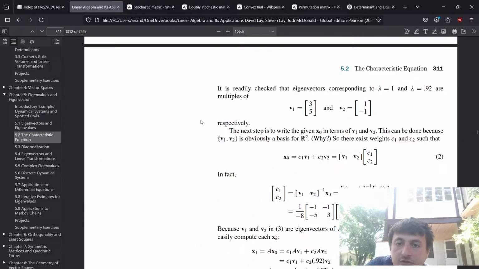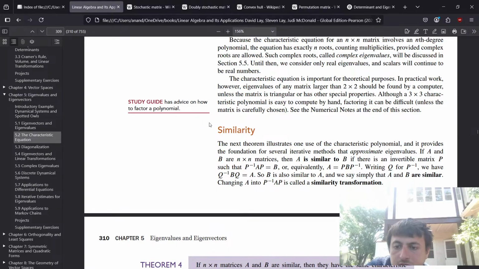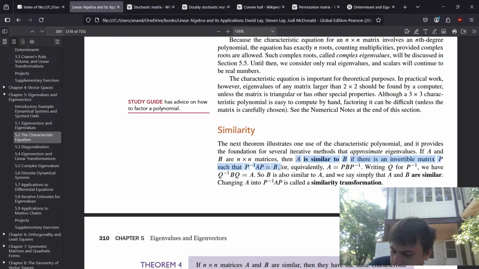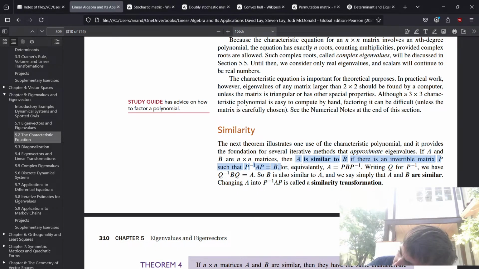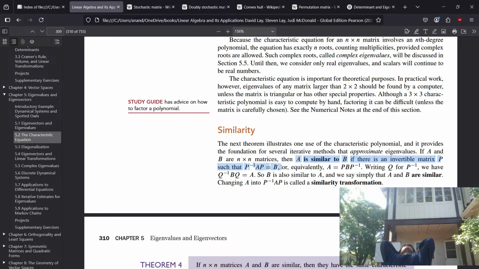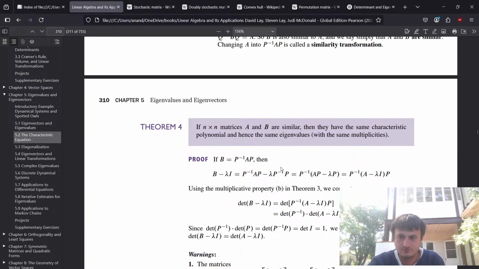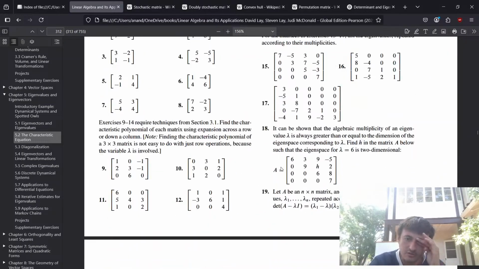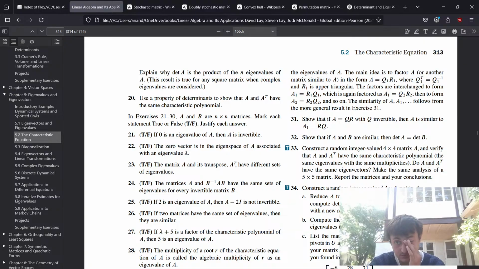The definition of similar is that A is similar to B if there's an invertible matrix P such that P inverse AP is equal to B. And how do you show that they are similar? Do you have to use that Q inverse equals Q transpose?